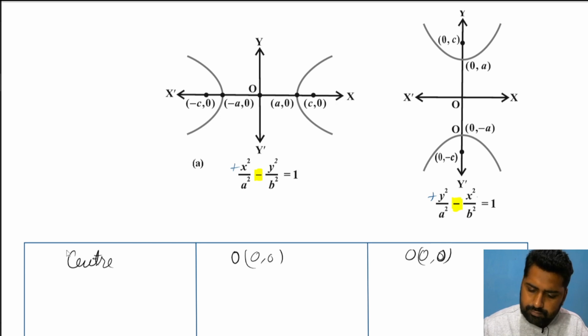Then you have vertices. Vertices will be at a distance of a.